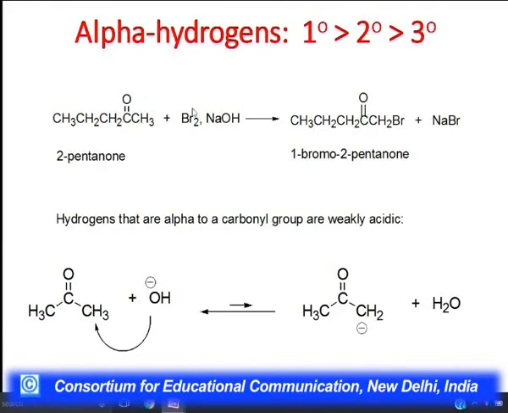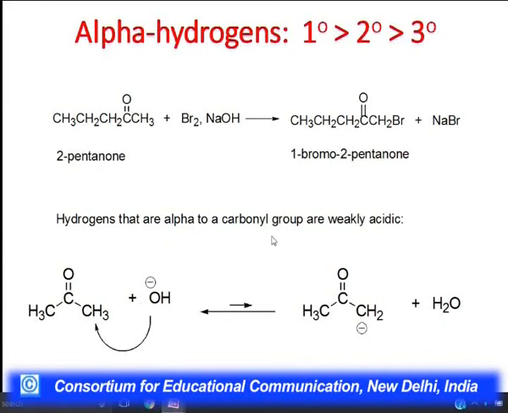So when we do the reaction in bromine and NaOH, or here we are not taking excess of bromine, we are just taking bromine because we are at the moment discussing the halogenation reaction, one of the alpha hydrogens here is replaced with a bromine, getting 1-bromo-2-pentanone.